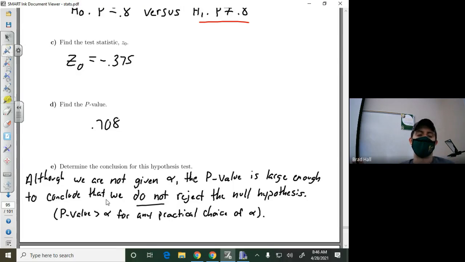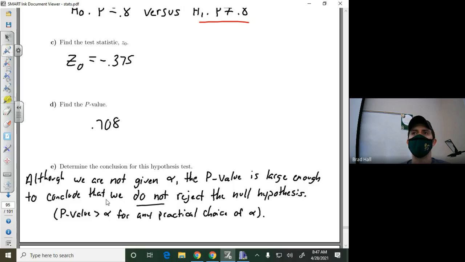Anything over 10% for a p-value is definitely going to be strong enough to be larger than any reasonable choice of alpha. So although they do not give us an alpha, our probability is large enough that we know it's going to be larger than any choice of alpha that we may find. There is a homework question like this, and you ought to see where the thought process comes from.